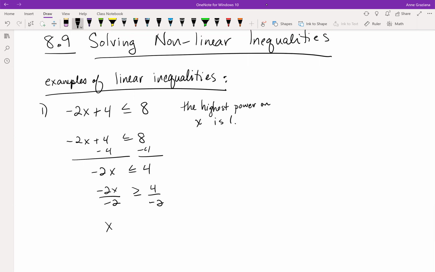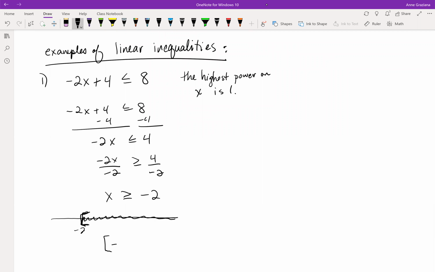And so x is greater than or equal to negative 2. Remember, that means all the numbers including negative 2, with a bracket this way. We took time to write this in interval notation. So that was a linear inequality.